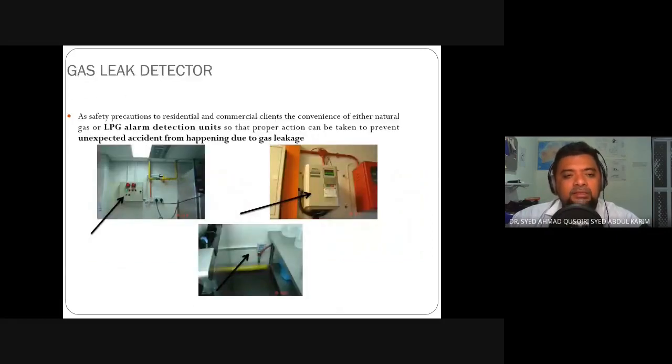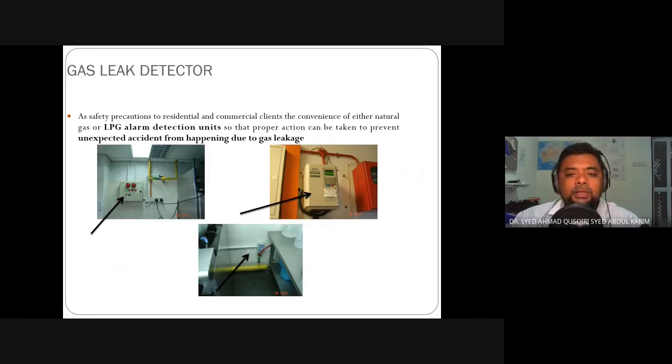Next is the gas leak detector. It is a safety feature, a precaution for the client. It's either a natural gas or LPG alarm detection unit, depending on the type of fuel they are using.